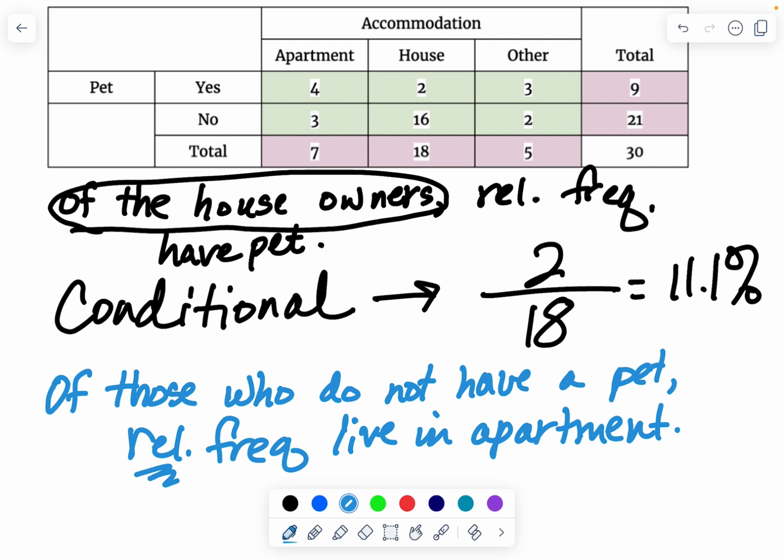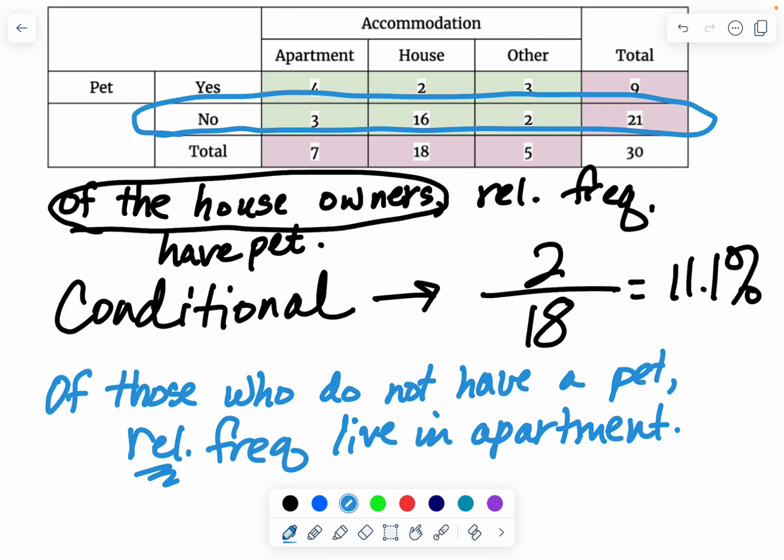So, of those who do not have a pet, we are totally isolating this single row to look at. Out of the 21 people who don't have a pet, what's the percentage or relative frequency that they live in an apartment? So it'd be 3 out of 21, which is about 1/7.